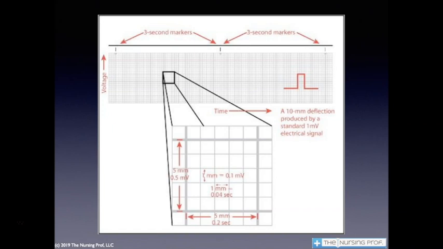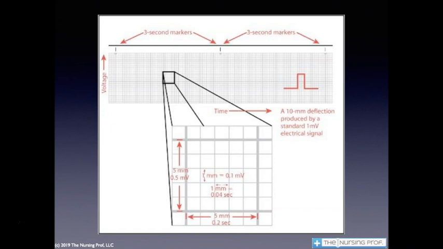This EKG strip is then further divided, as you see in the blow-up here in the front, into additional components. So you see the 0.2 seconds that's between the two big, heavier lines, and each one of the small lines is 0.04 seconds.